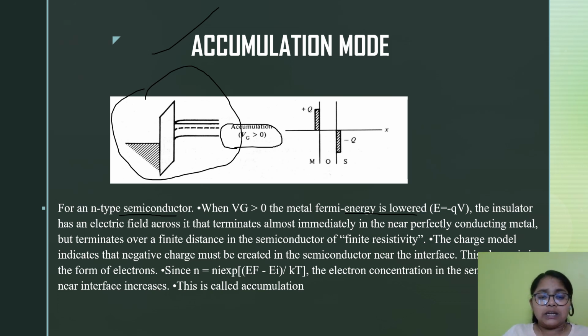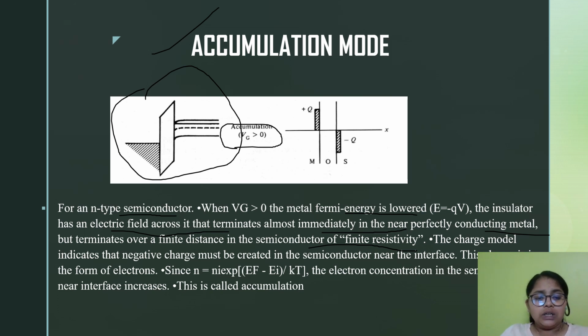So when Vg is greater than 0, the Fermi energy is low, and the insulator has an electric field across it that terminates almost immediately in the near perfectly conducting element. So it will terminate only in the perfectly conducting element, the metal, and terminates over an infinite distance in the semiconductor. So if it wants to terminate in the semiconductor, then the resistivity should be infinite.